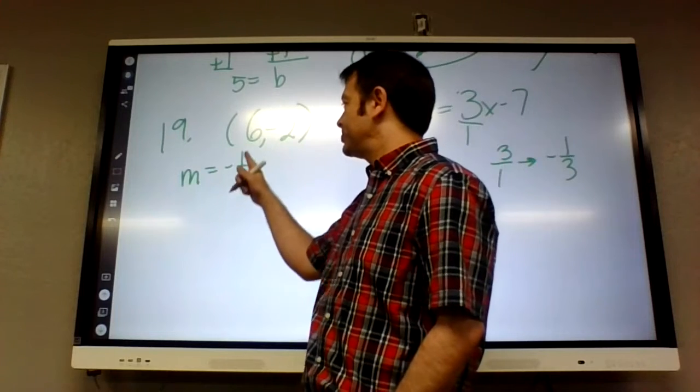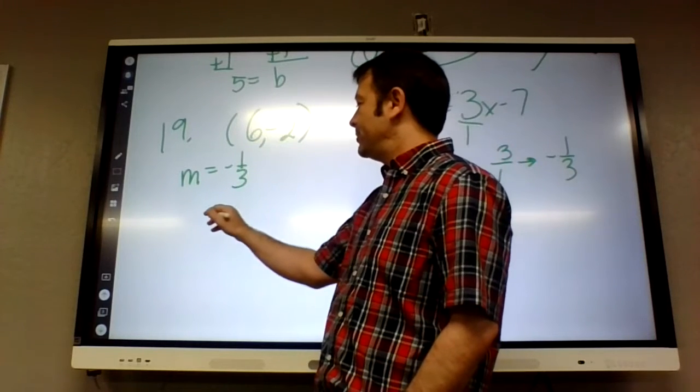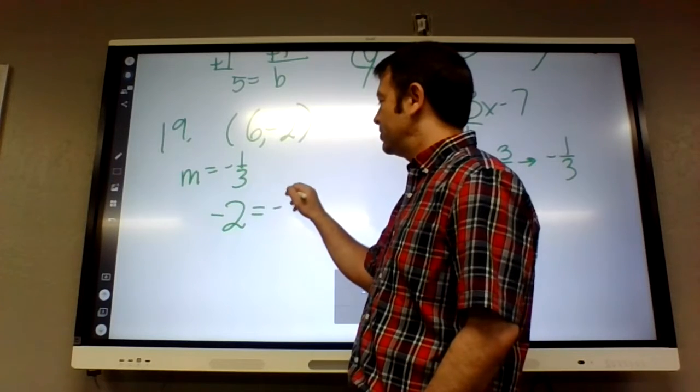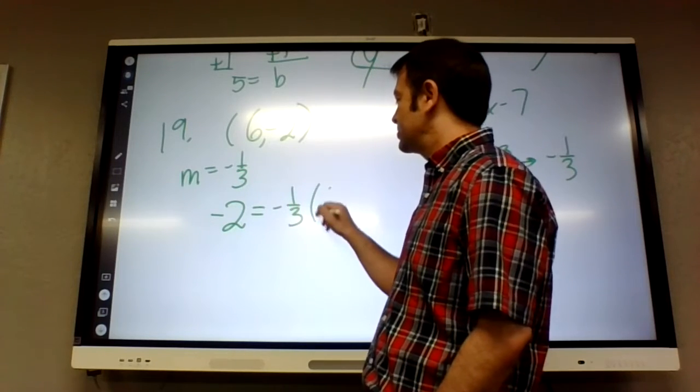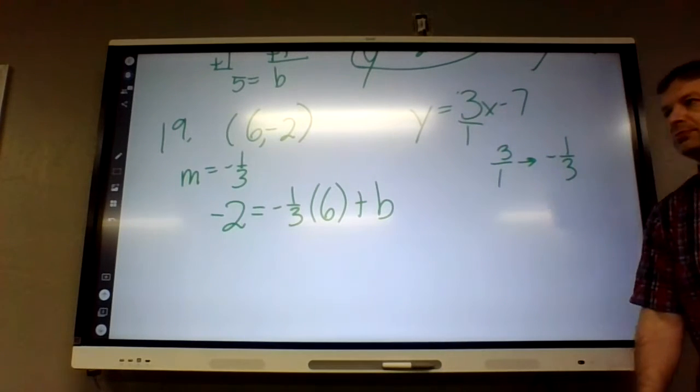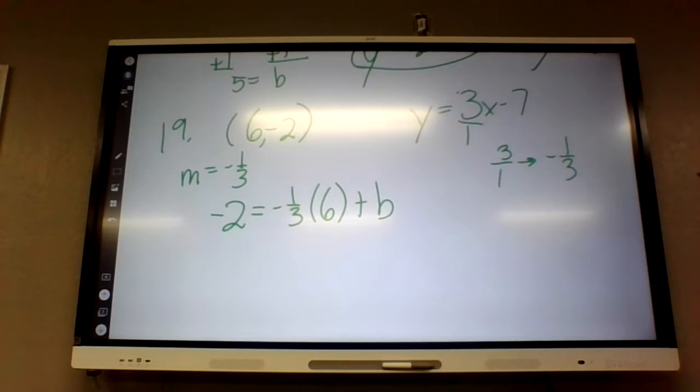y equals mx plus b. The y value is -2. The m is -1/3. The x is 6. Solve for b. Should be 0.